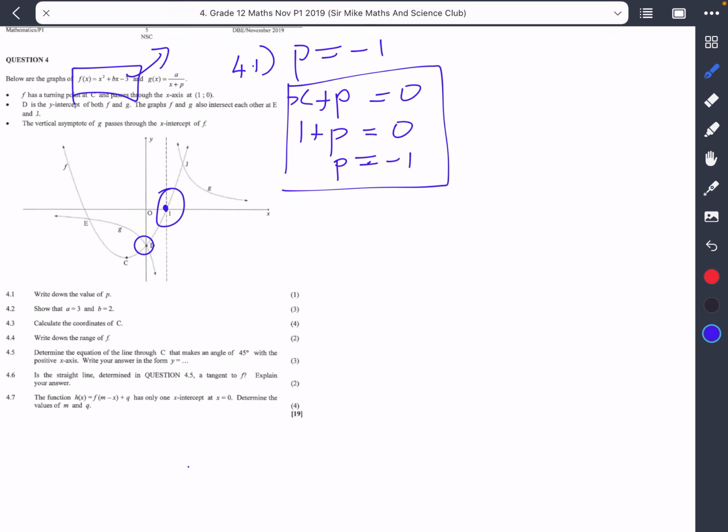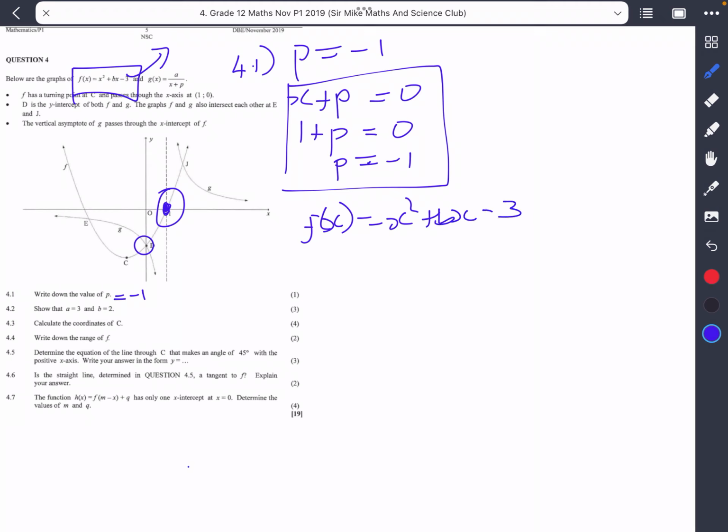To find the value of b, you substitute the coordinate (1; 0) into f of x. Now we have f of x equals x squared plus bx minus 3.